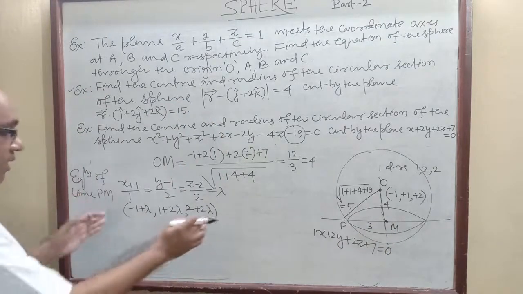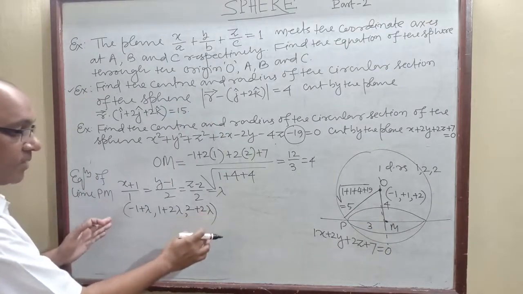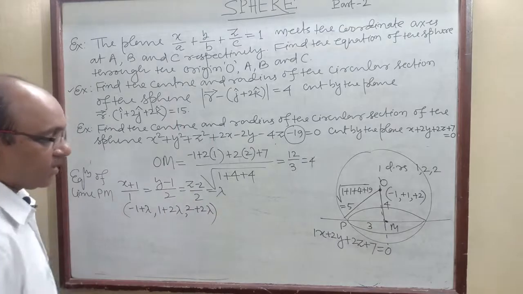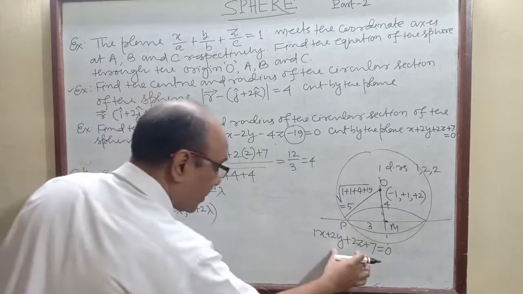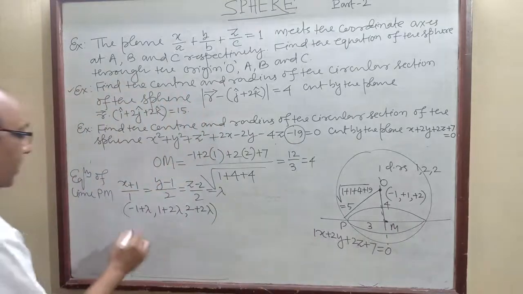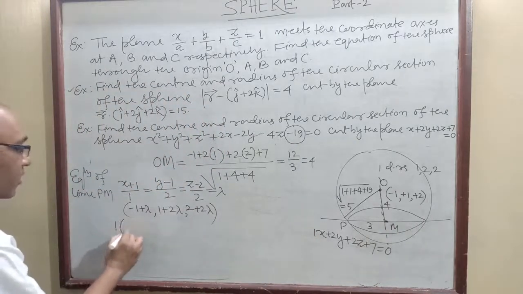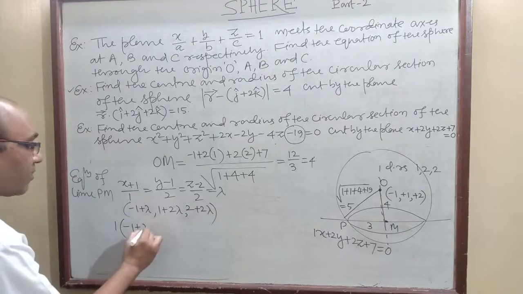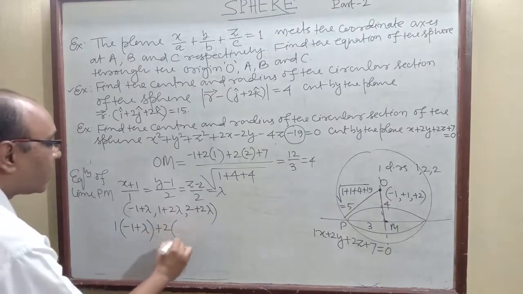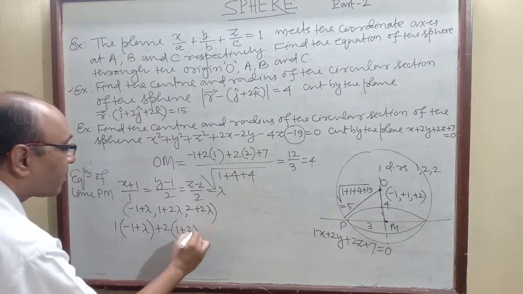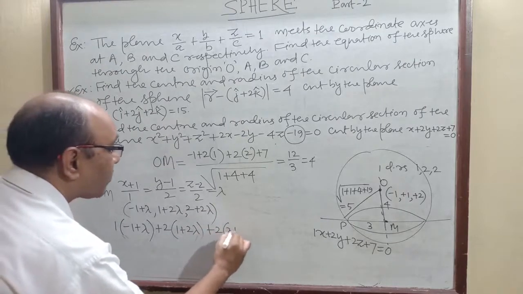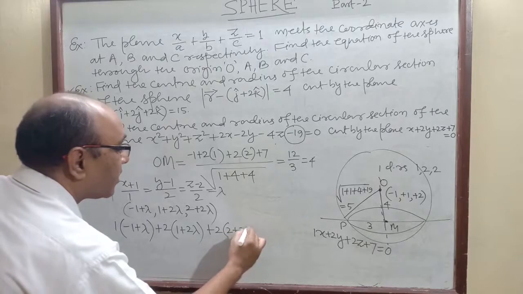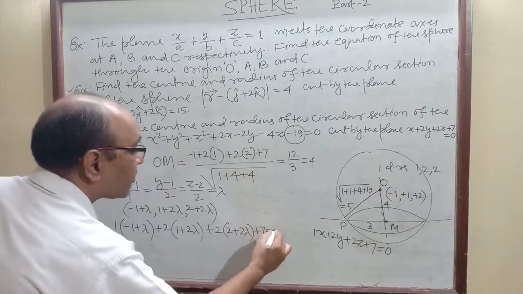So let us suppose this general point of the line is the foot of the perpendicular, that is M, and hence it will satisfy this plane. So what will happen? In place of x we write minus 1 plus lambda, plus 2y, in place of y we write 1 plus 2 lambda, plus 2z, in place of z 2 plus 2 lambda, plus 7 equals 0.